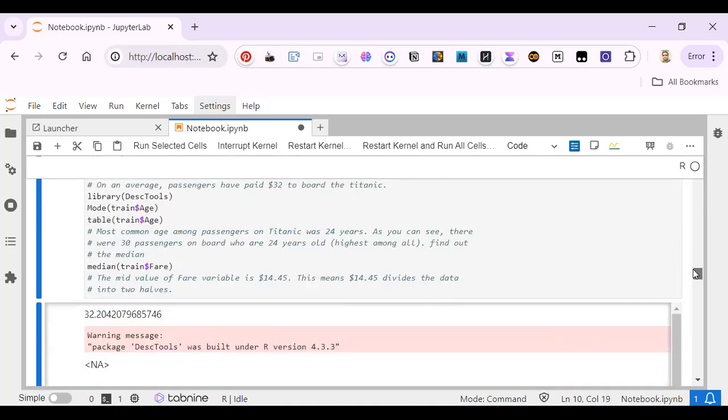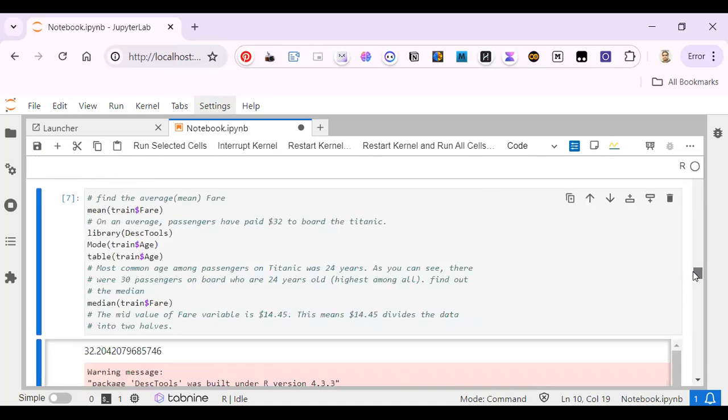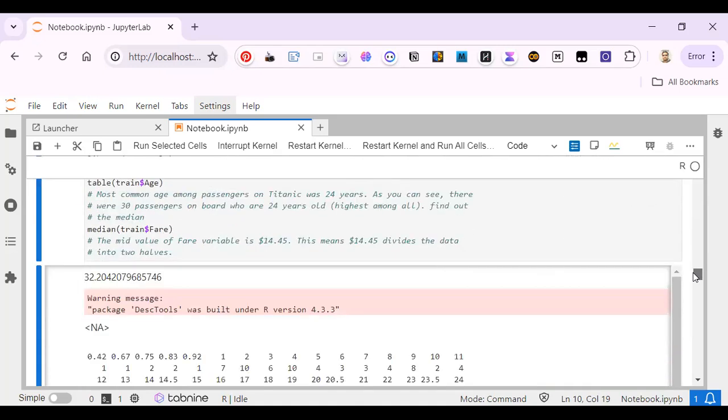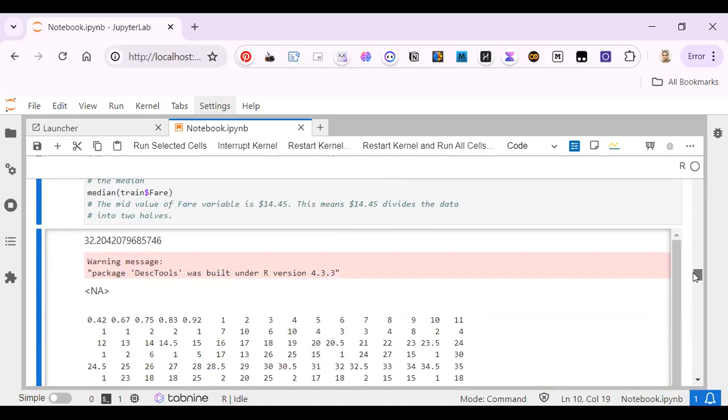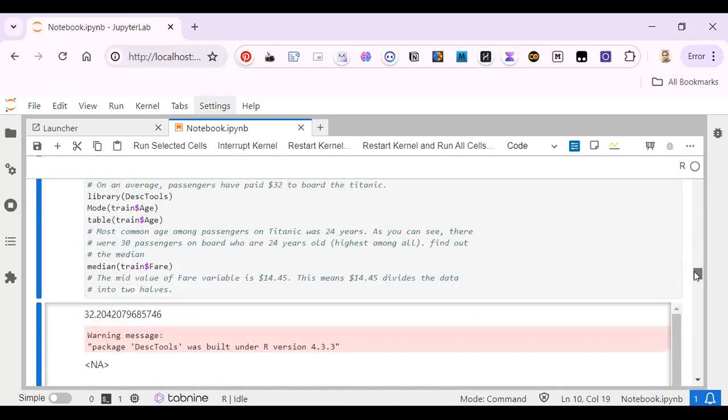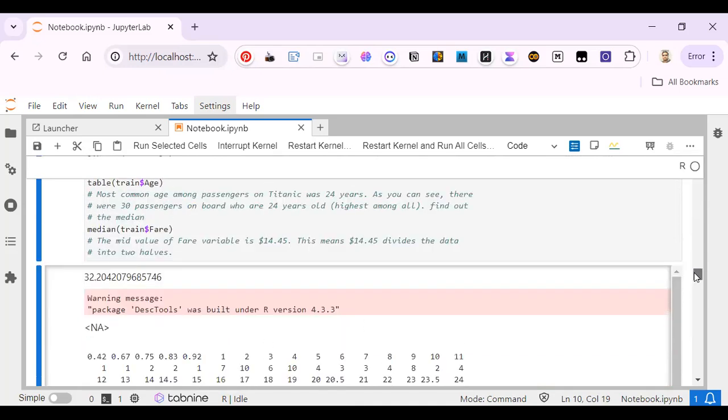Since the tool is present in other versions, that is the reason we are not getting it directly. But if you want to, you can download it from CRAN and install it. That's also fine. And here, okay, mode we are asking, but the most repeatable mode, if you go ahead with some names, mode also something, or just try it here.